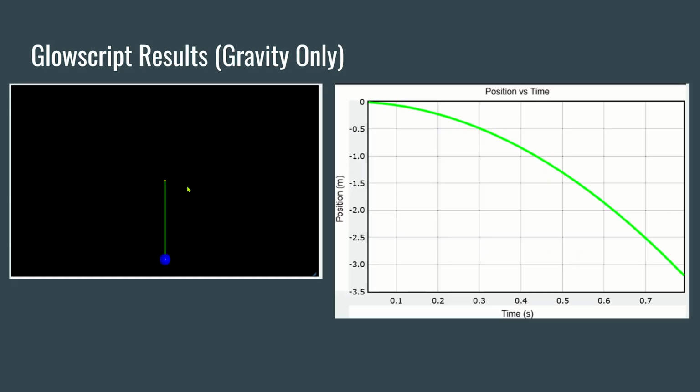And here are the results. The ball shown here is similar to the object shown in the Tracker video analysis, showing the ball going from rest to the ground. And here's the position versus time graph for that.